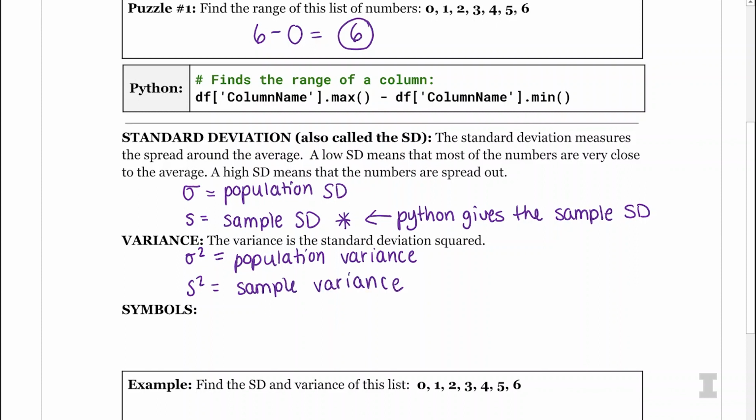I personally don't like to use variance as much because I think it's difficult to interpret because of the squared, but it does come up later in statistics, especially when we talk about inference and expected value, which are two other topics that will come up in this series.